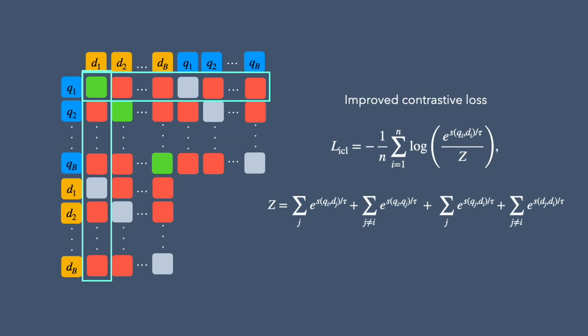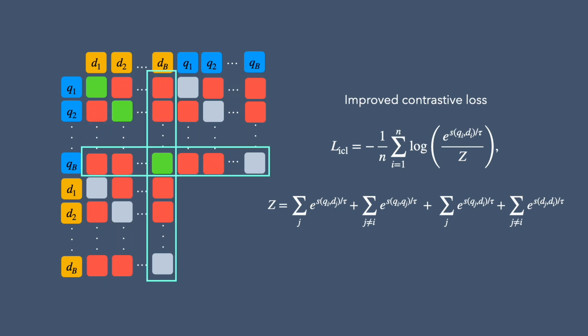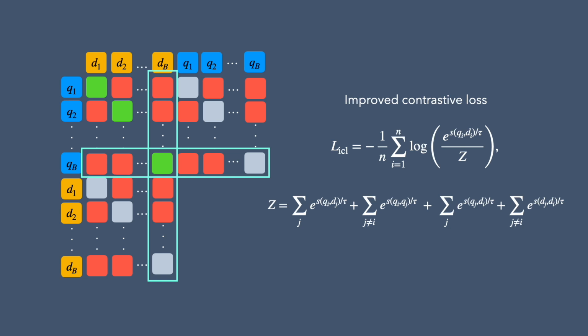However, the improved contrastive loss not only compares each query to in-batch documents, but also compares queries to other queries and documents to other documents. This approach effectively increases the number of negative samples within a fixed batch size.